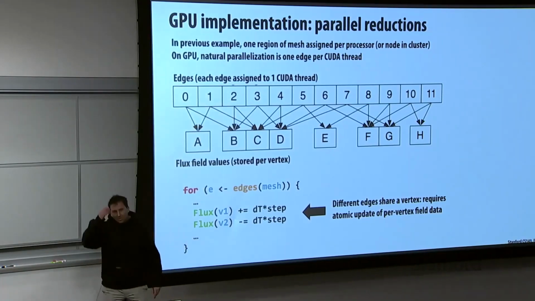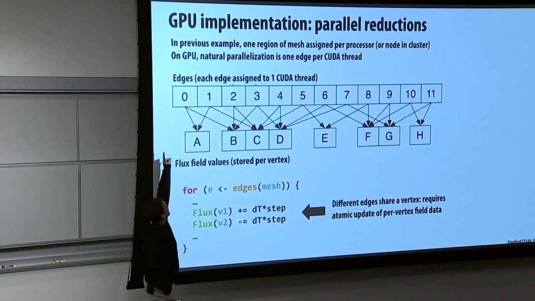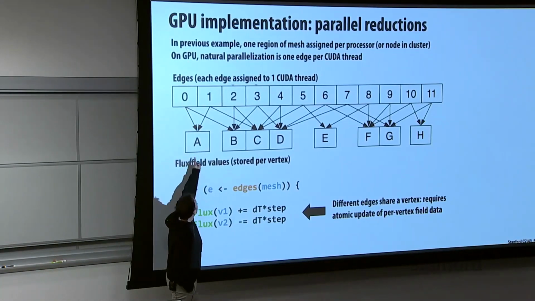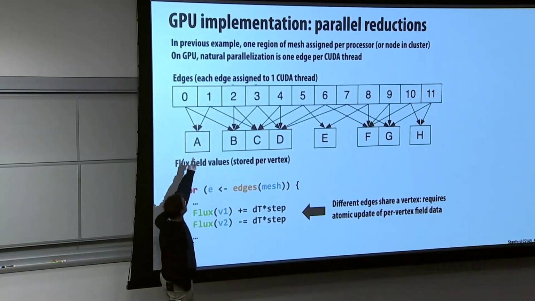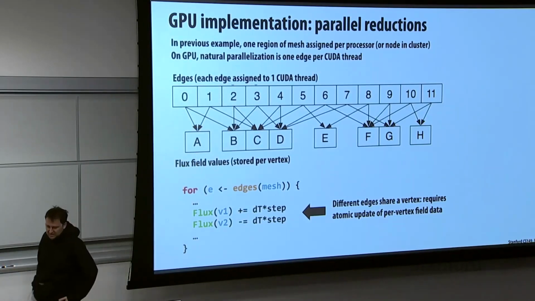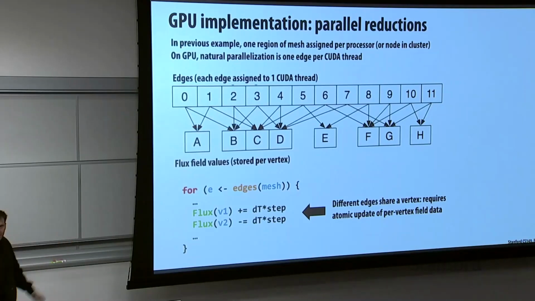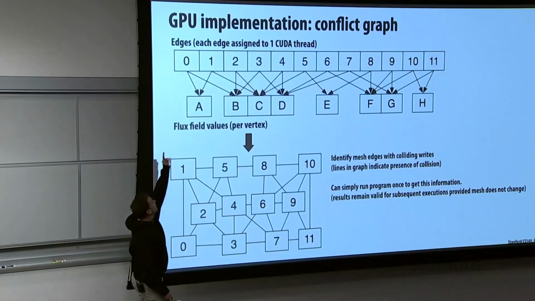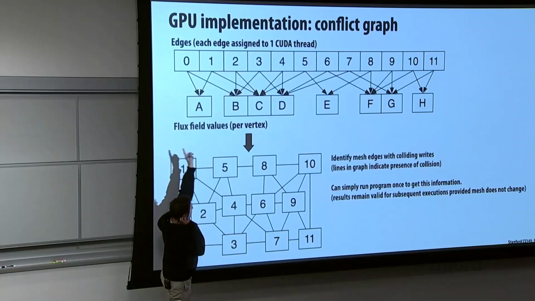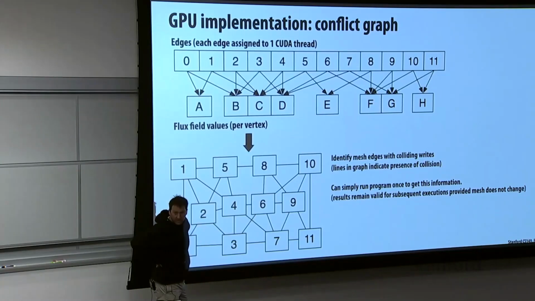But what Liszt did is, atomics can be kind of slow. This is a graph where the numbers are edges and the letters are vertices. So multiple edges write to the same vertex. Instead of using atomics, which they determined to be too slow, here's what they do on a GPU: they pre-process the dependencies. Again, the numbers are edges, the letters are vertices.